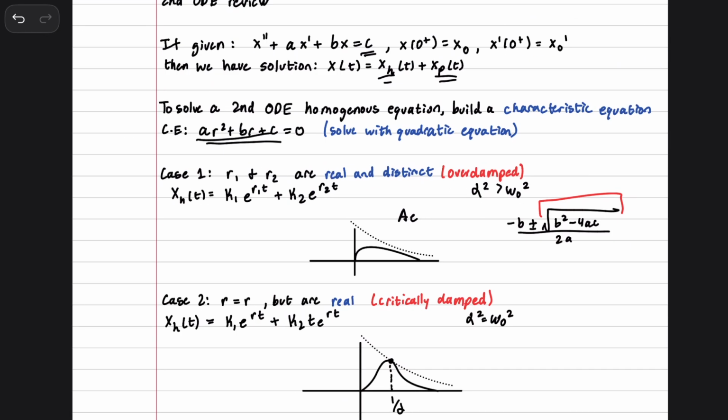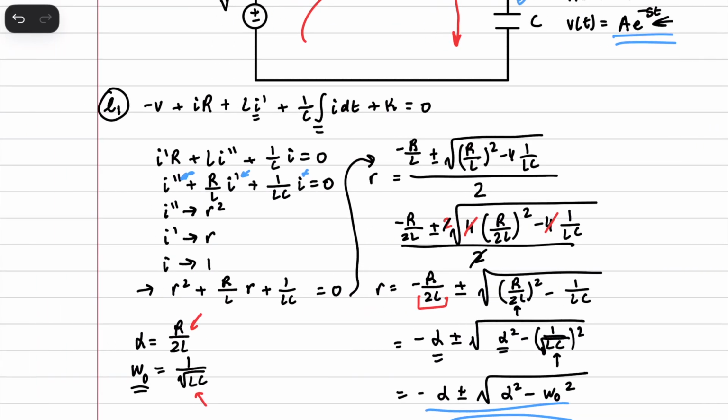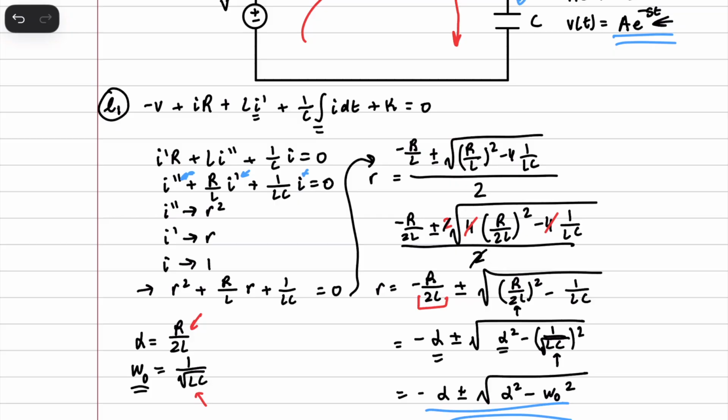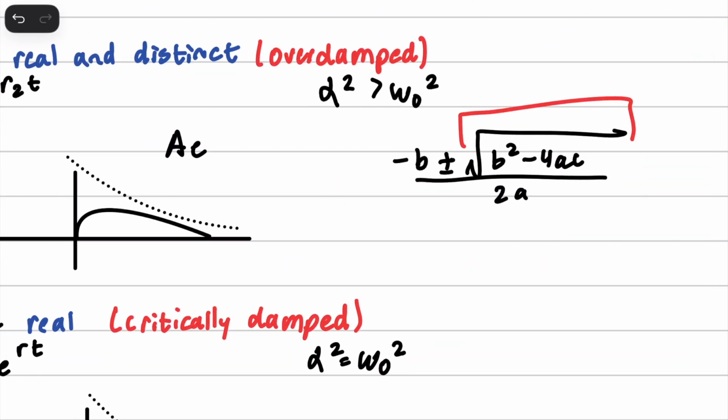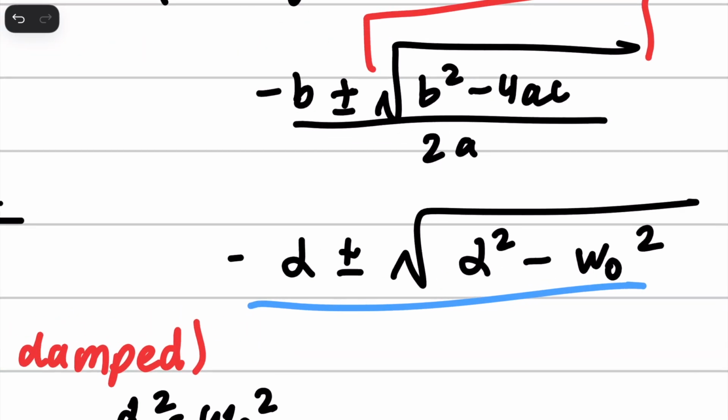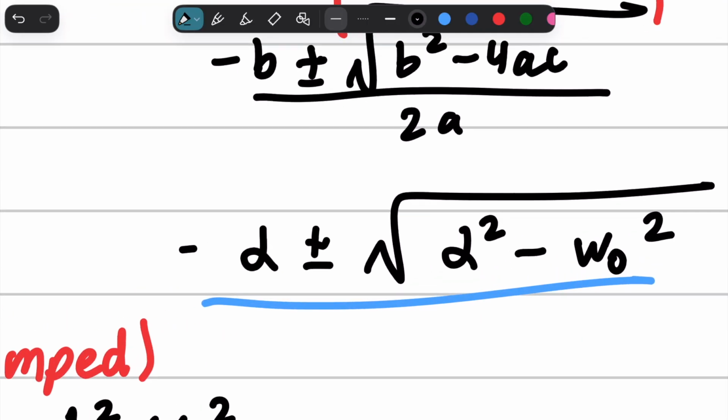So the first case is the real indistinct or overdamped situation. And that's when we had simplified this quadratic equation right here into our nice little alpha and our natural frequency. We turned it into this.